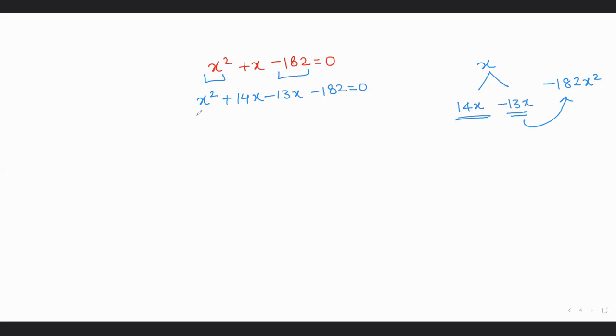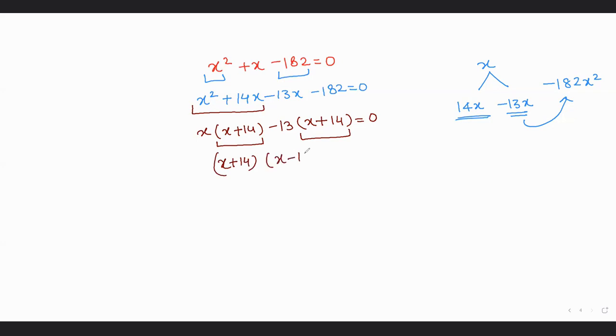Now, student, you can see we can take the common, that is x plus 14 minus 13, then x. Again, we are taking the common minus. So, inside this minus will become positive. Positive 14 equal to 0. Now, we can take the common again, x plus 14. If you take common 14, it will become x minus 13.